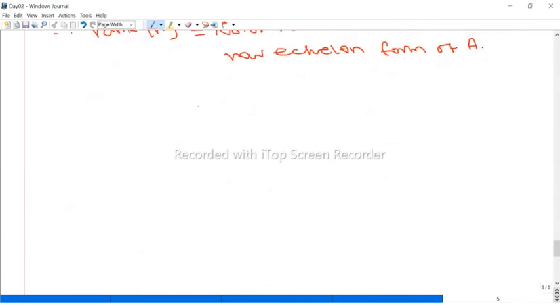Suppose we have a system of equations Ax = b, where A is an m by n matrix. That means there are n unknowns and m equations.